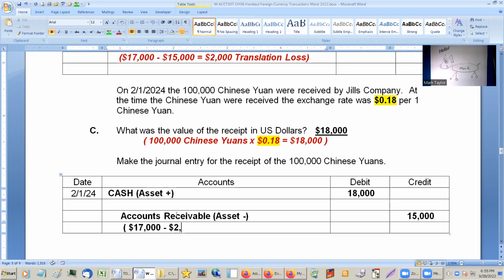And we have a $3,000 credit to make this thing balance. What's the account gonna be? Translation gain. Yep, very good, very good.